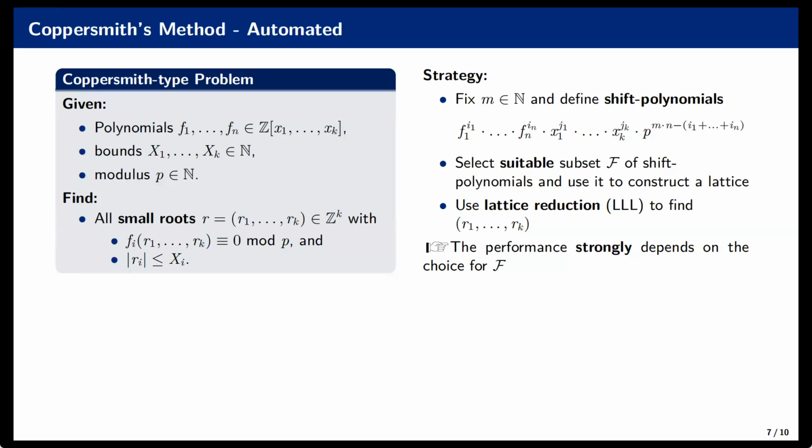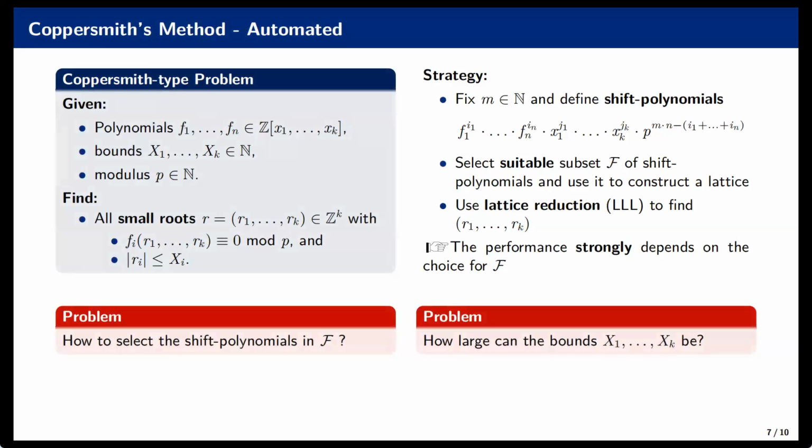Of course, this is a bit high level, but I hope it's fine. The main takeaway here is actually that the performance strongly depends on the choice we make. Depending on what subset we choose, we can have either larger or smaller bounds.